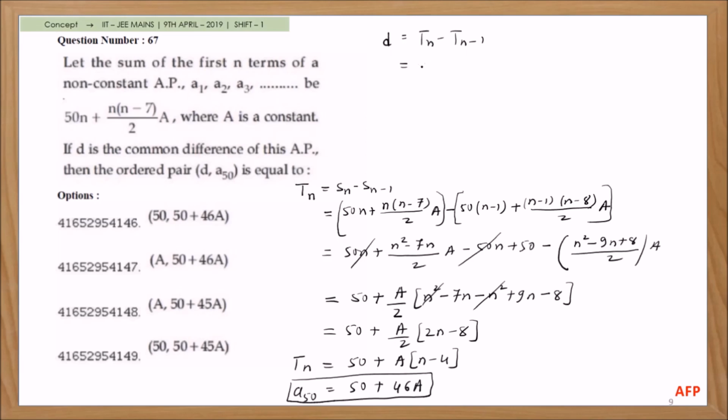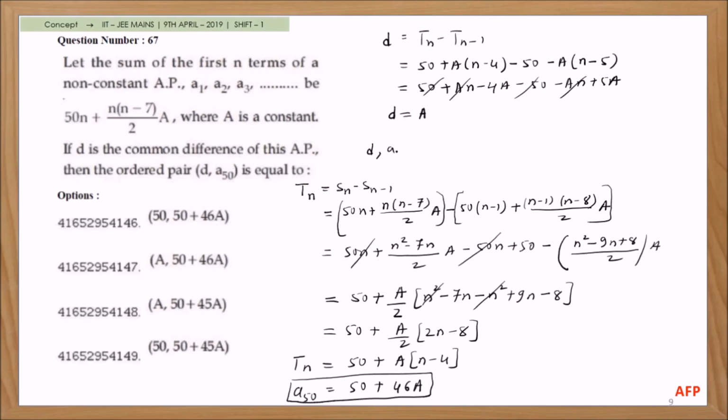Tn is 50 plus a into n minus 4, minus 50 minus a into n minus 5, which implies 50 plus an minus 4a minus 50 minus an plus 5a. So with cancellation you are going to get a here. Okay, d is equal to a. So this is the ordered pair you were supposed to find.